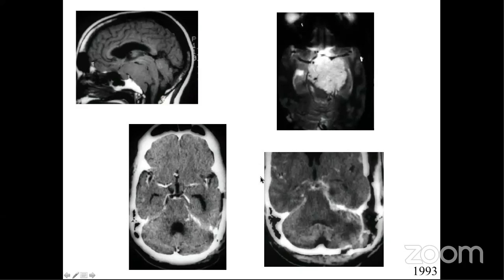You have to know how the carotid artery loops into the cavernous sinus, the sympathetic plexus, how it travels along the carotid artery into the cavernous sinus. You have to know the sympathetic ganglion within the cavernous sinus.